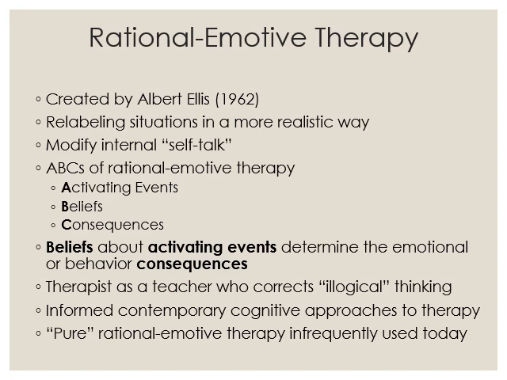He wanted to do this by modifying clients' internal self-talk, or this narrative that we have that colors our perceptions and our appraisals of the situations around us. He had the ABCs of rational emotive therapy, which don't actually go in order, but essentially the core of rational emotive therapy is that there are beliefs that people have about activating events or stressful events in their life that determine the emotional or behavioral consequences of those events for people.